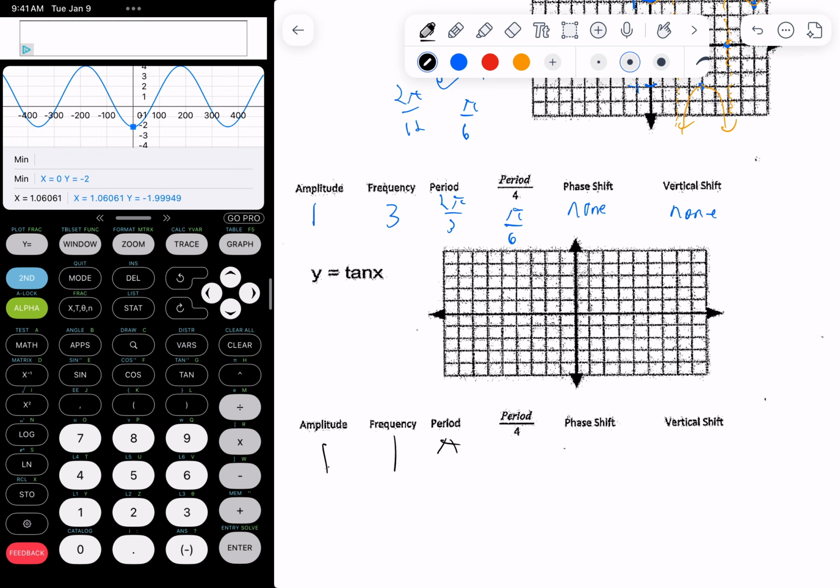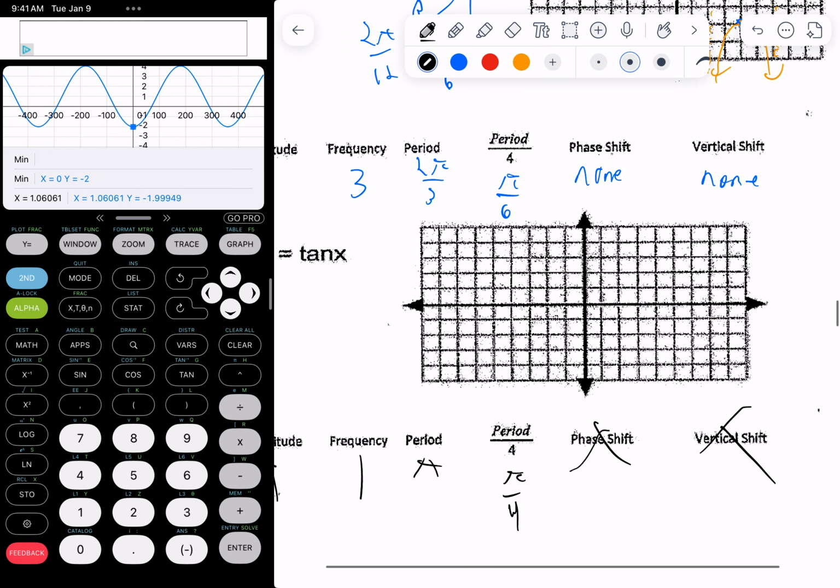So pi over 4, period over 4 is pi over 4. Phase shift, none. Okay. Now, have this right here. And we're going to go like this and like this. Have the 1, negative 1, and the 1.